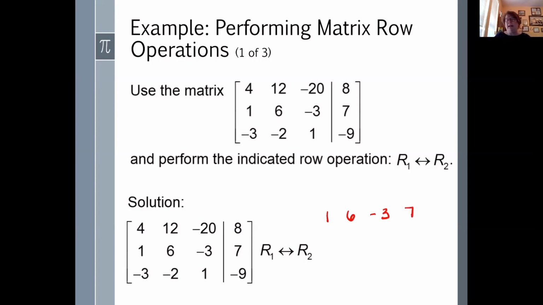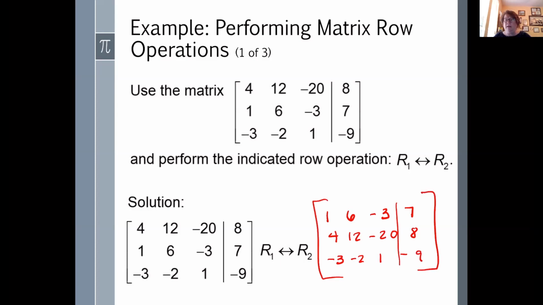So I took the second row and made it the first row. 4, 12, minus 28. So I took the first row and made it the second row, and the third row stays the same. Put my line in there, put my brackets to designate that it is a matrix.